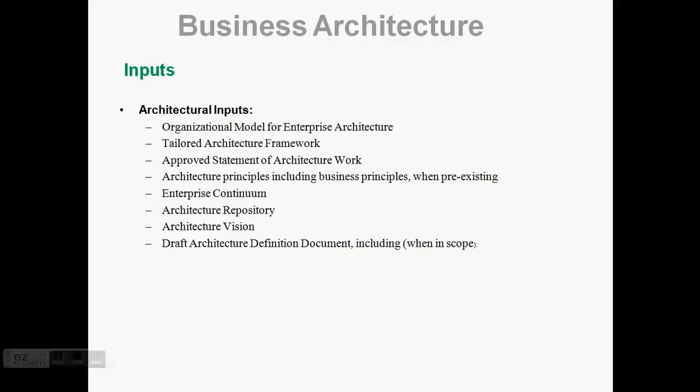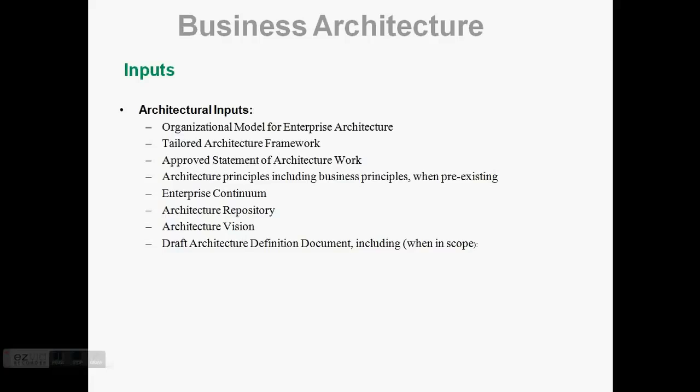We talk about the architectural repository in terms of reusable building block components, publicly available reference models from other organizations or from different levels of granularity, organizational specific reference models, organizational standards, and so on.